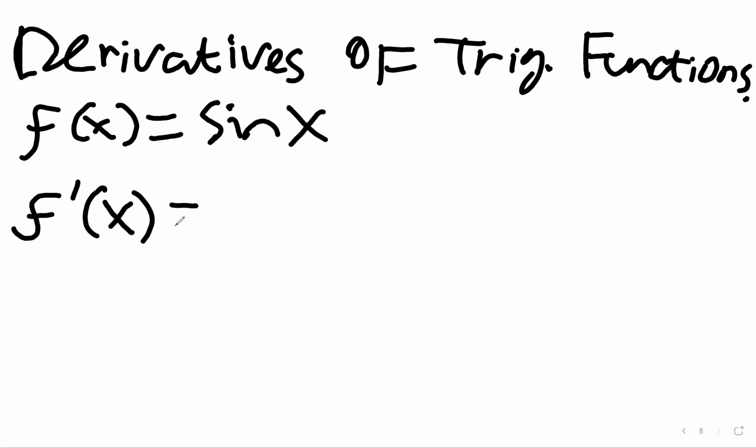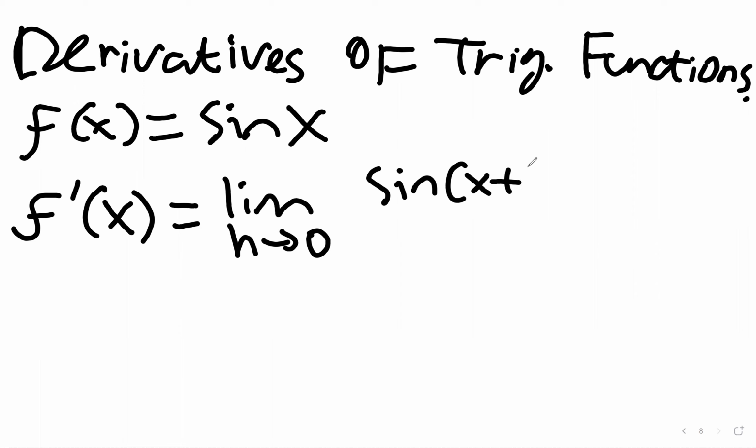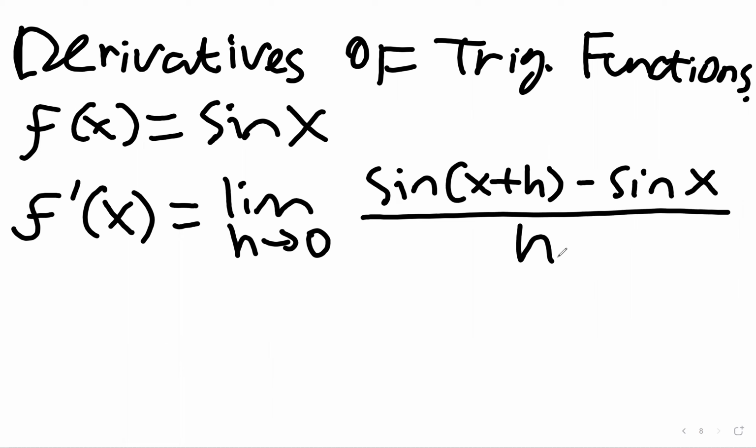So f prime of x becomes the limit as h tends to 0 of sine of x plus h minus sine of x, divided by h. That's simply the definition of the derivative. First we have to expand this term using the trigonometric identity for the sum of two angles, x and h.